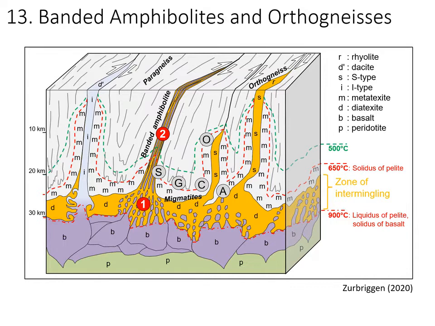This is a very important scheme. With this scheme, I'd like to visualize what I mean with intermingling. So I defined this zone of intermingling, which is at the base of an accreted pile of greywacke. And below here we have the basalts, which derive from the mantle, and they hit the lowermost greywacke, which immediately starts to melt.